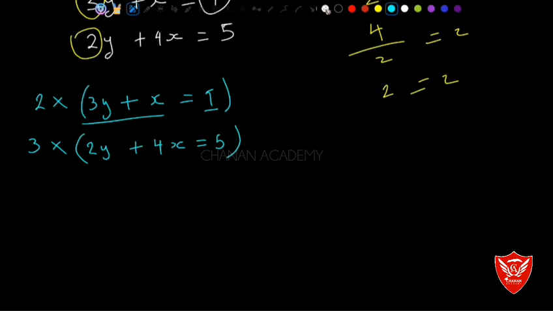And if you're going to multiply that, you're going to have 6y plus 2x equal to 18. And then if you multiply the other one, you're going to have 6y plus 12x equal to 15. Now, this is how it is done. Most students forget to multiply the right hand side. They just multiply only the variable, the x and y, and they think they are done. And the next thing I will tell you is most students stop after finding one variable.